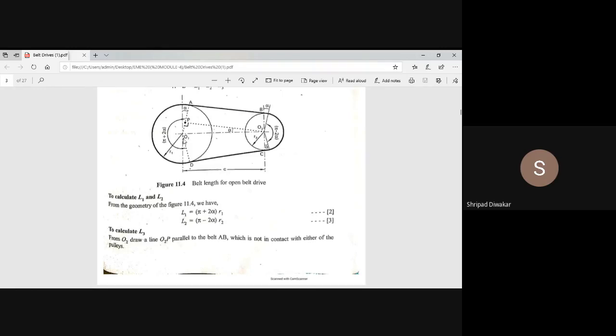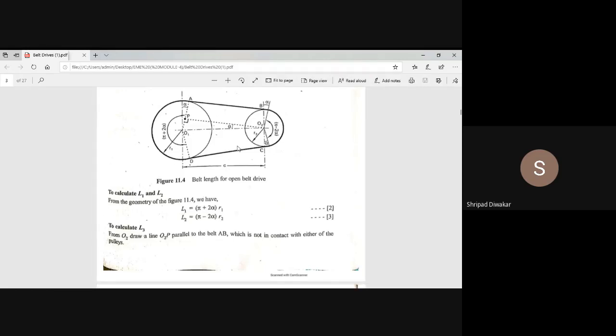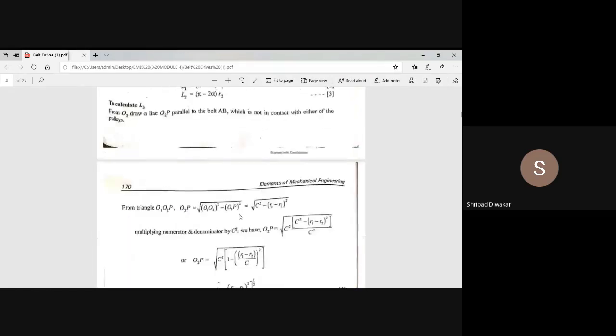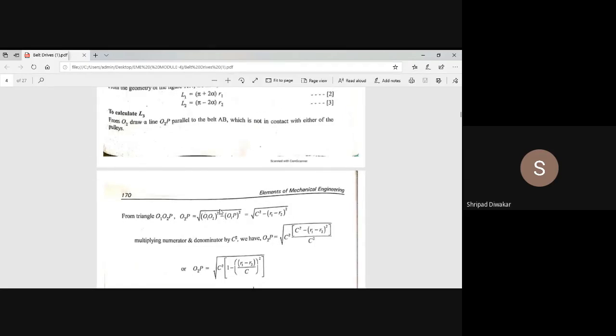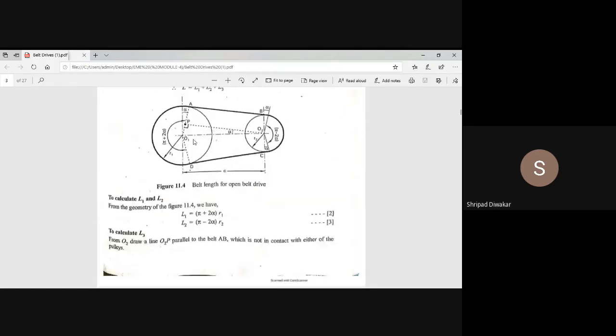Then what about O1O2? We can call it the center distance. As I said, O1O2 is the center distance between the two points. O1O2 is nothing but C, the center distance between the two points.